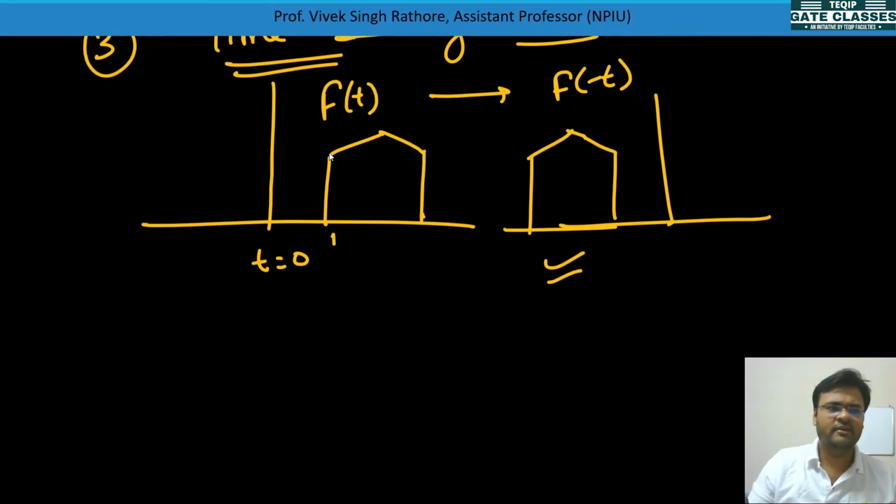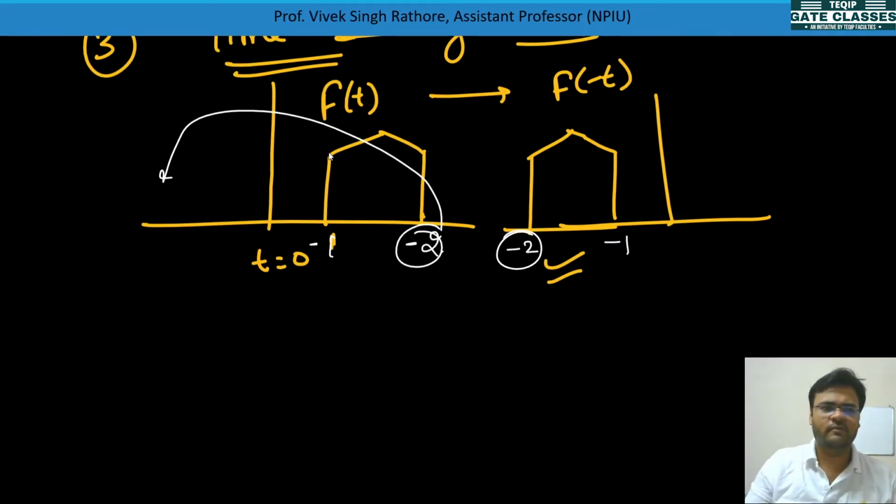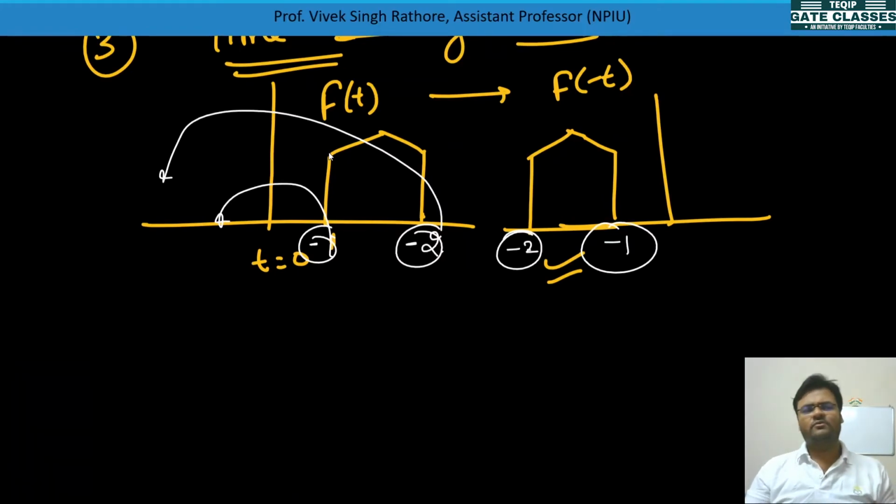Like see here, the value was from 1 to 2, let's suppose. So you have just multiplied all values with a minus sign and shifted here. So the value will be from minus 2 to minus 1, because this value has been shifted to this side. So this will be minus 2 and this will be minus 1. From this you can understand how we can do the time reversal property.